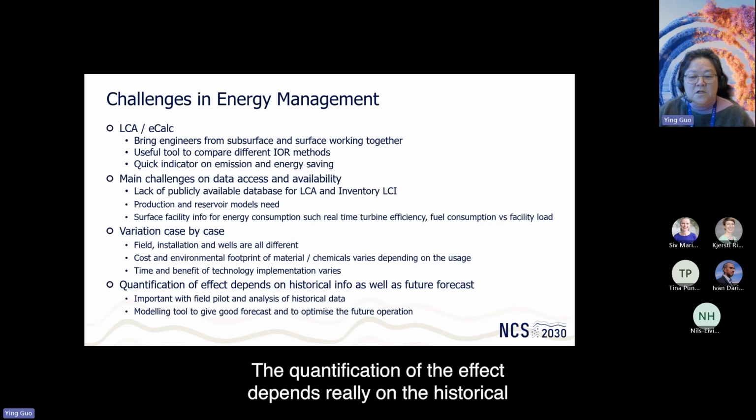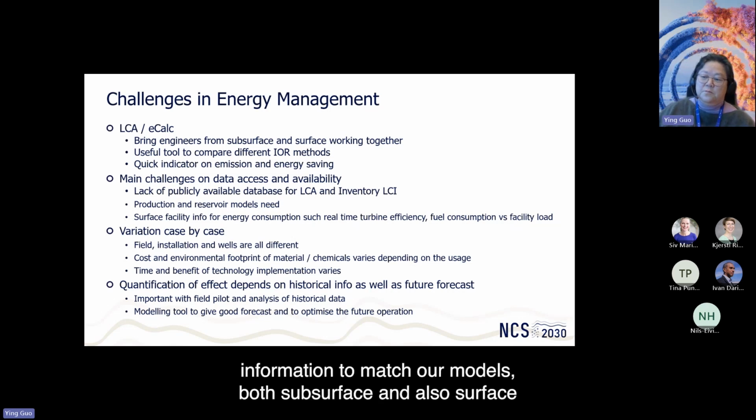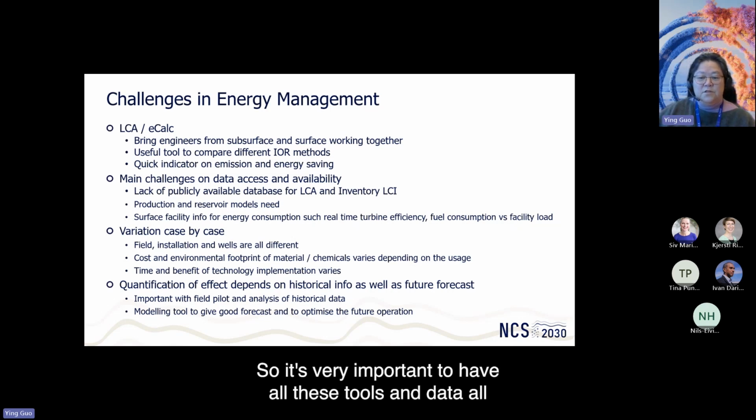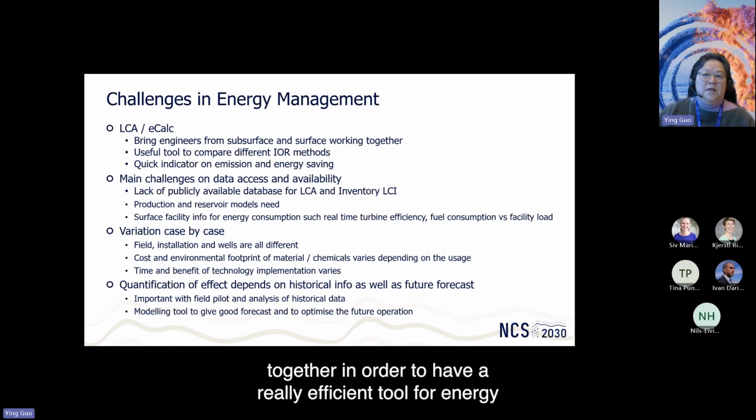The quantification of the effect depends really on historical information to match our models, both subsurface and surface, with the model calibration of this energy setup. So it's very important to have all these tools and data together in order to have a really efficient tool for energy management.